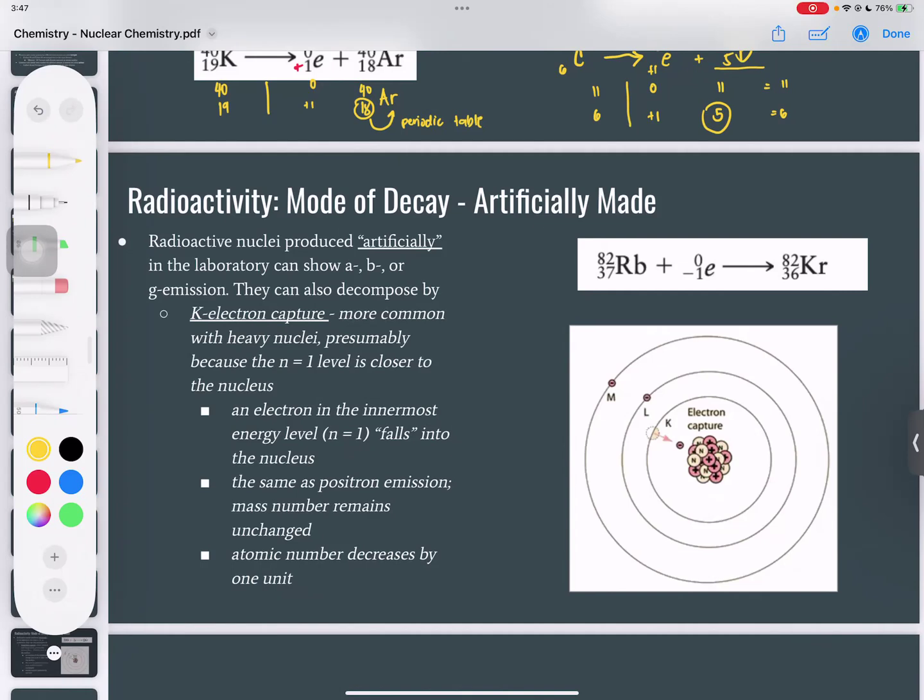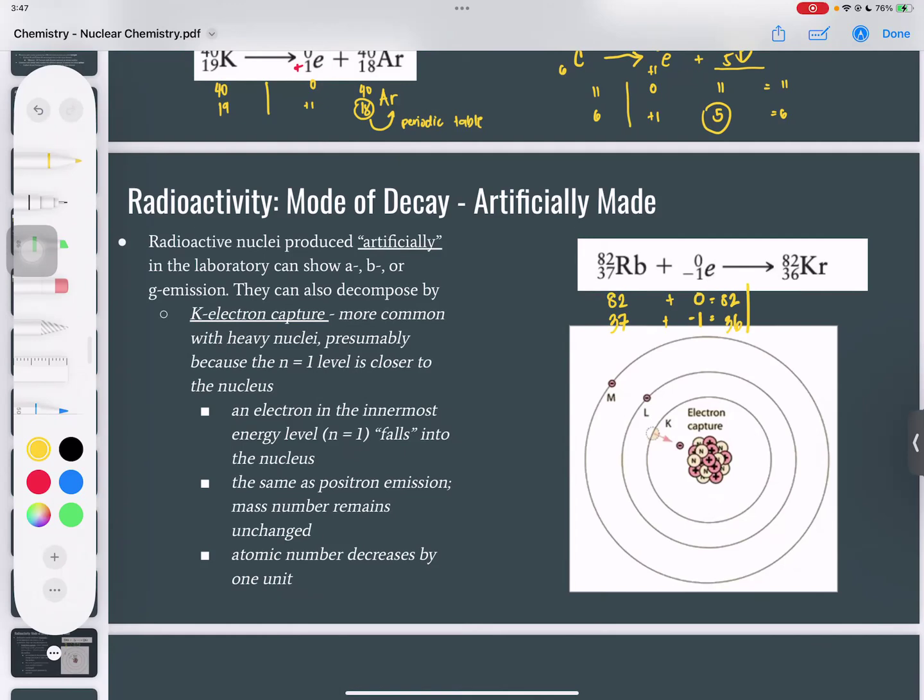To predict the daughter particle, it is still the same concept. You still balance the mass number and the atomic number, and then you can check the periodic table for which element has that atomic number. This one is for rubidium-82 with an atomic number of 37. So 82 and 37, plus 0 and -1. So what's the total? 82 and 36.